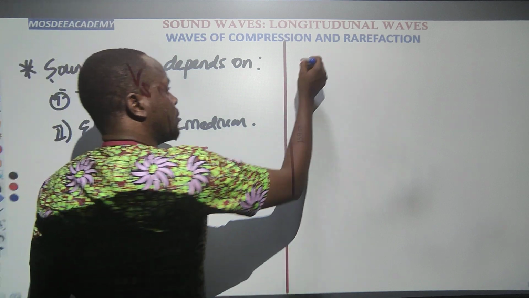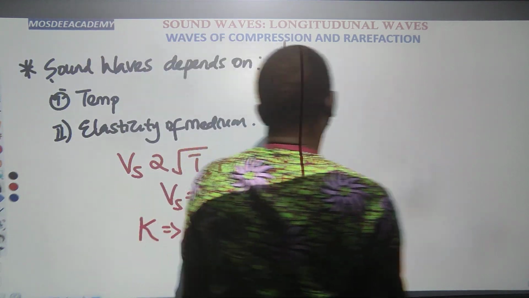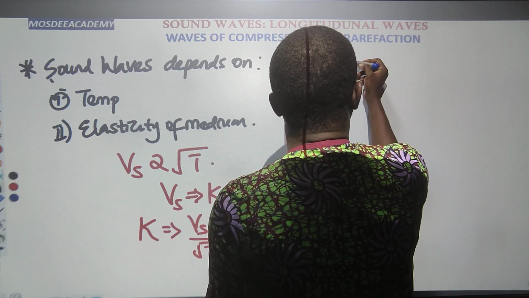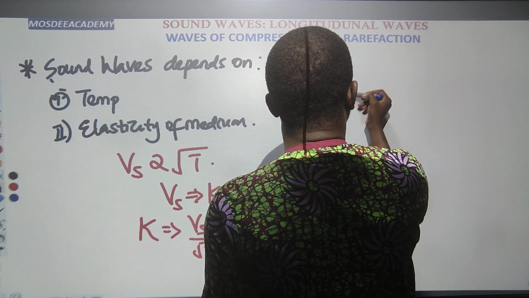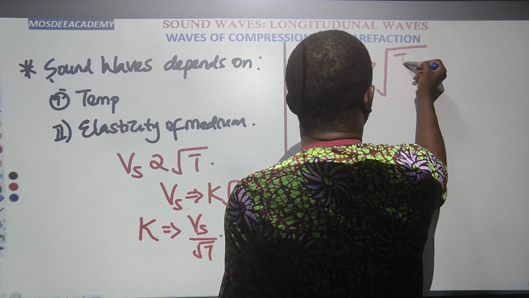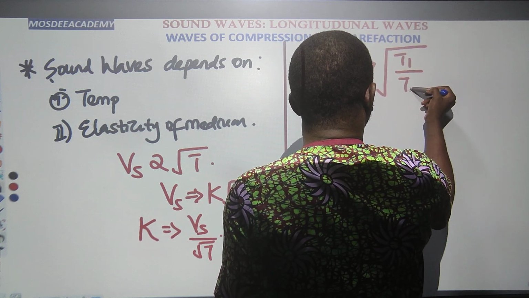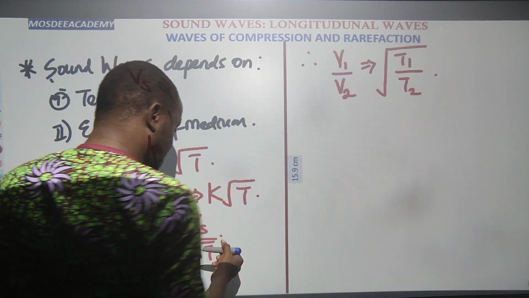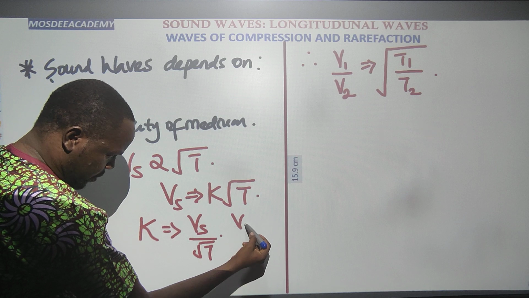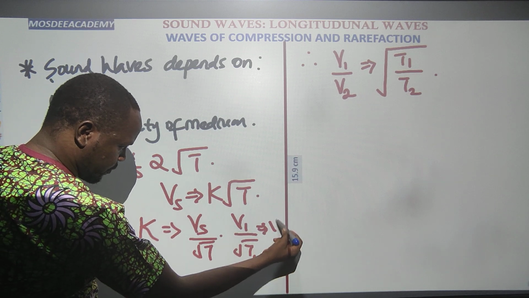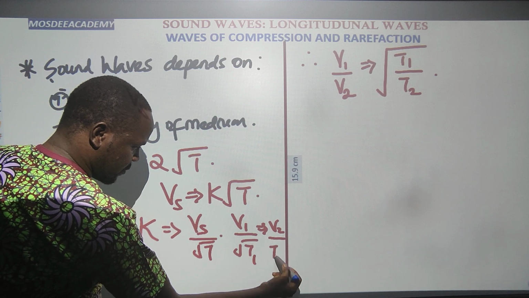Therefore, if the speeds are more than one, we can say the first speed of sound over the second speed of sound is equal to the square root of the temperature of the first over that of the second. That is the relationship. Some of you can say V1 over root T1 is equal to V2 over root T2.